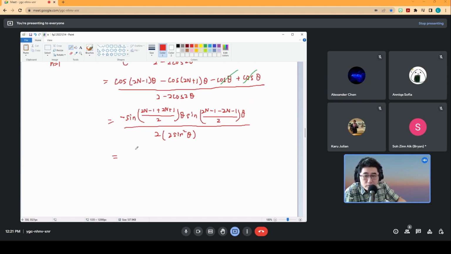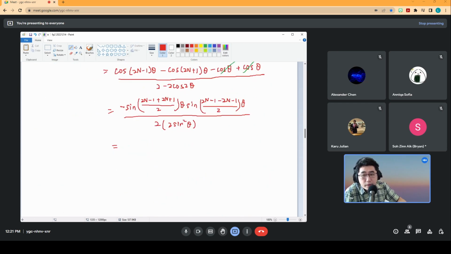Then, simplify. Okay, why do I have a negative? I don't have negative here, never mind. I'll leave it there first. So, sin of, the 1 cancels off, you have 2nθ, sin, minus 2n, 2n is gone, minus θ, sin of minus 2 minus θ over 4 sin squared θ equals negative sin of 2nθ, negative of sin θ over 4 sin squared θ.